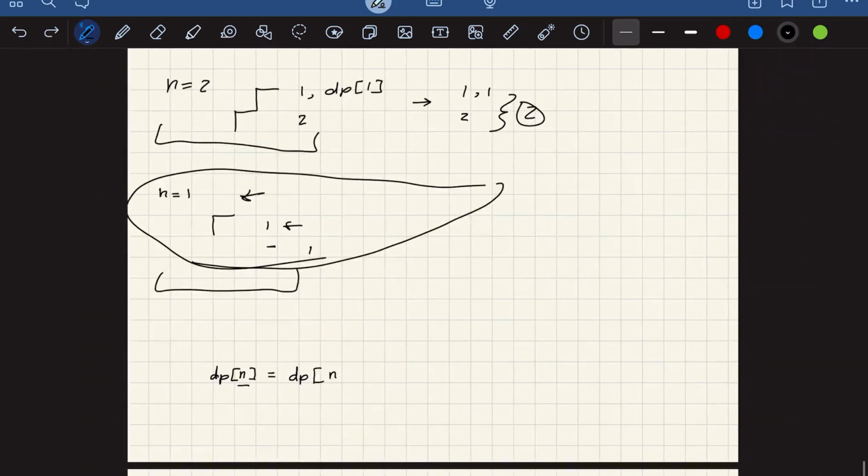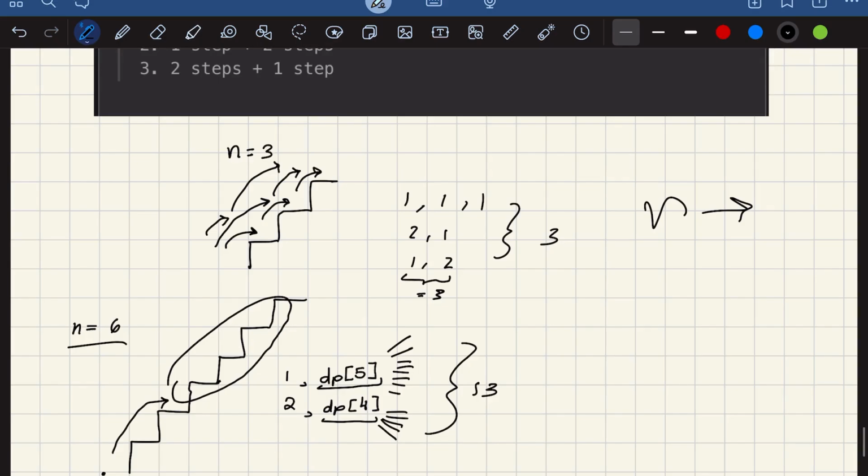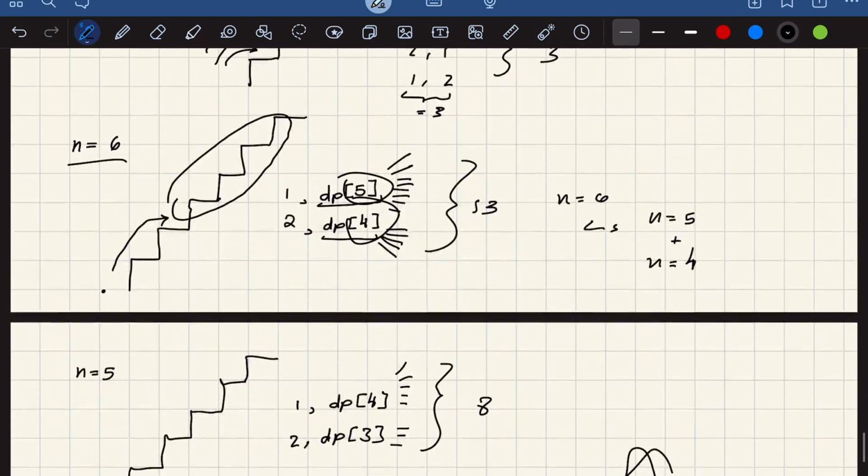What does that really mean? Well, here, when we used n equals 6, we used n equals 5 and n equals 4. Those are both smaller. So we could say that n equals 6 was actually just equal to n equals 5 plus n equals 4, right?